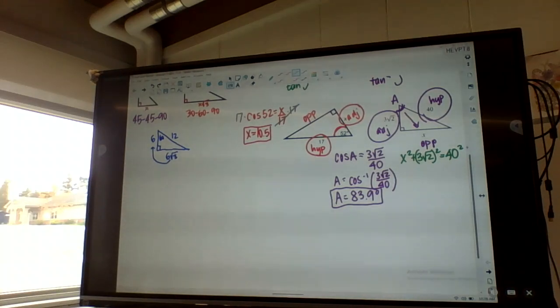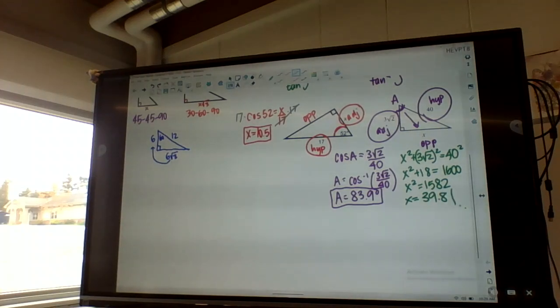Now 32 squared, we have to be careful about that, that's going to be 18. So again, when we do that, you want to use parentheses. So that's my two values there.